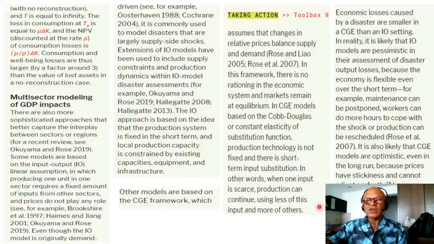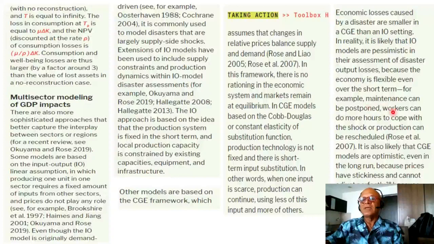In other words, when one input is scarce, production can continue using less of this input and more of others. That's a fairly big assumption there. Economic losses caused by a disaster are smaller in a CGE than in an IO setting. In reality, it's likely that IO models are pessimistic in their assessment of disaster output losses because the economy is flexible even over the short term.